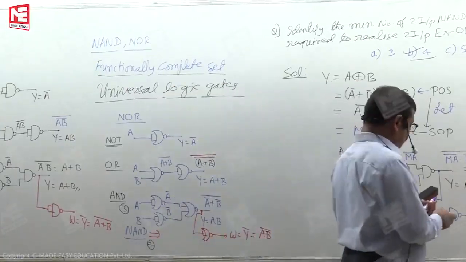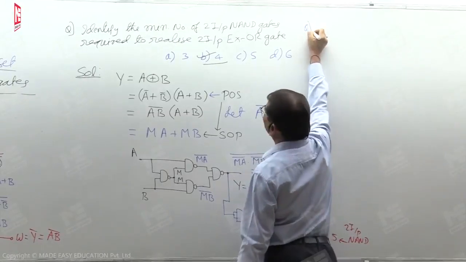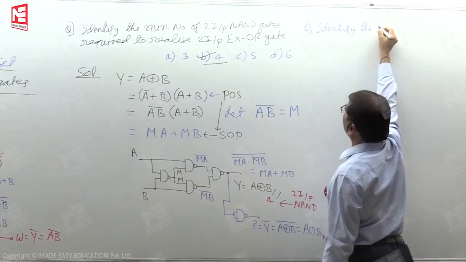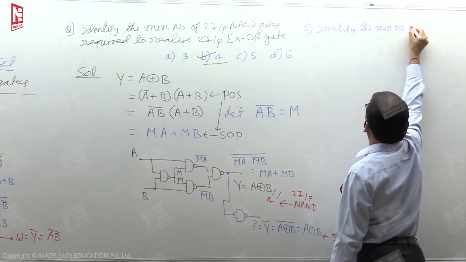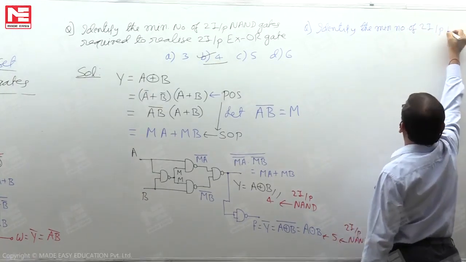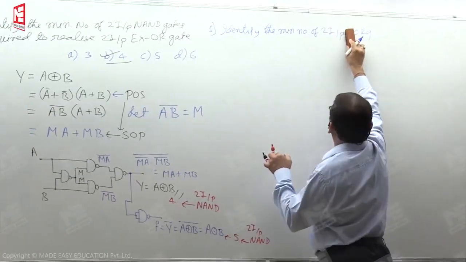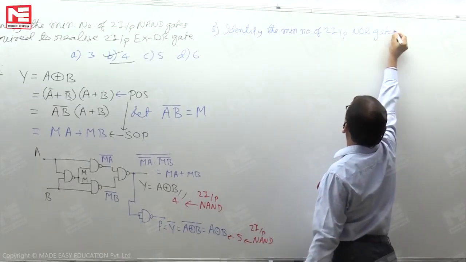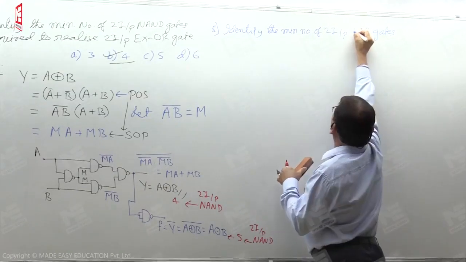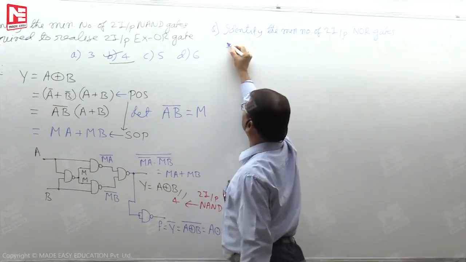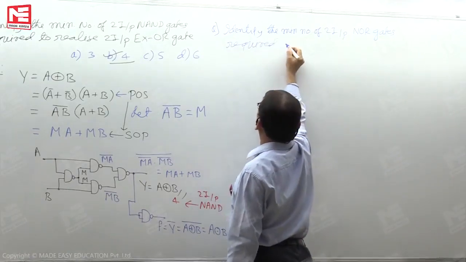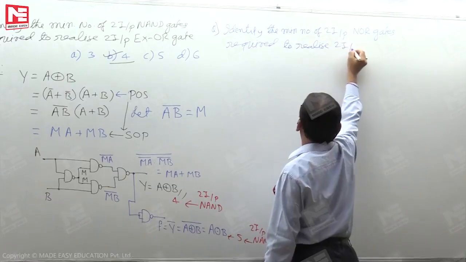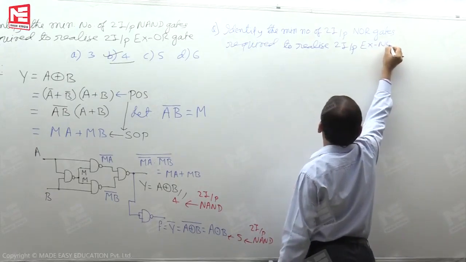So let us take the question here: identify the minimum number of 2-input NOR gates required to realize a 2-input exclusive NOR gate.